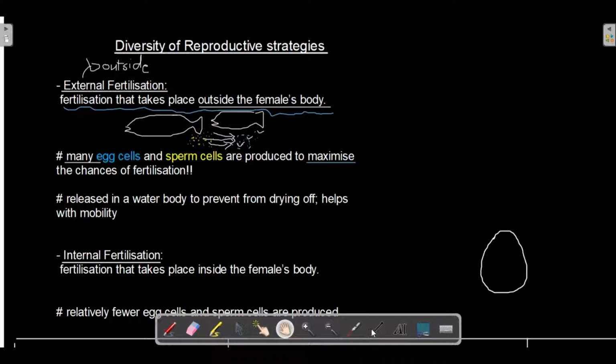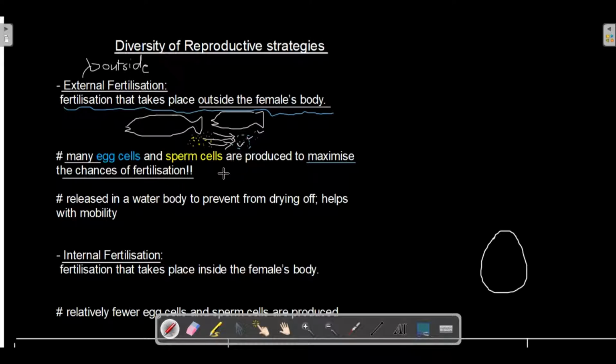So the strategy that they use to maximize the chances of fertilization is that they release many gametes, okay, egg cells and sperm cells. Okay, so this is a strategy really to maximize the chances of fertilization to ensure the survival of the species, right? So that is very important, guys. You have to know that.